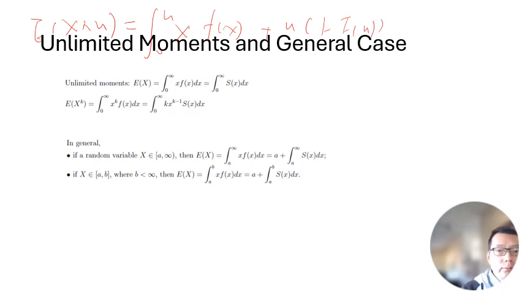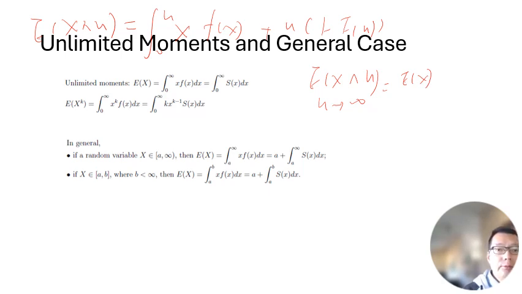So when mu is approaching infinity, it just means there's no limit. So E[X ∧ mu] should just be E[X], because there's no limit.